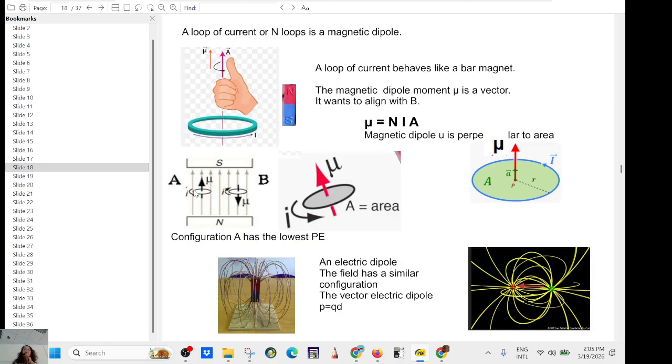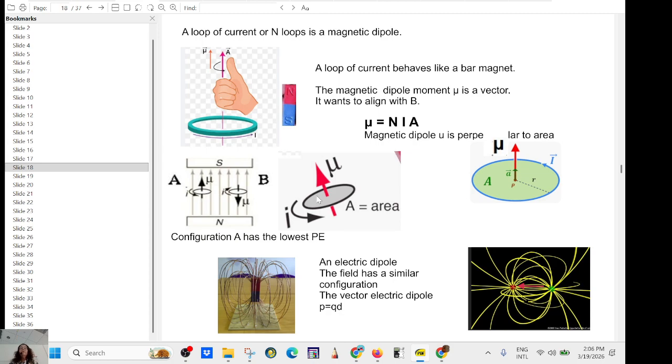We define a physical quantity that we call the magnetic dipole. Each time you have a loop of current, so current flowing like in a circle, or it could be a proton spinning, then you take your right hand, so it's spinning this way. That will be the north, that will be the south. So it will behave like a bar magnet.